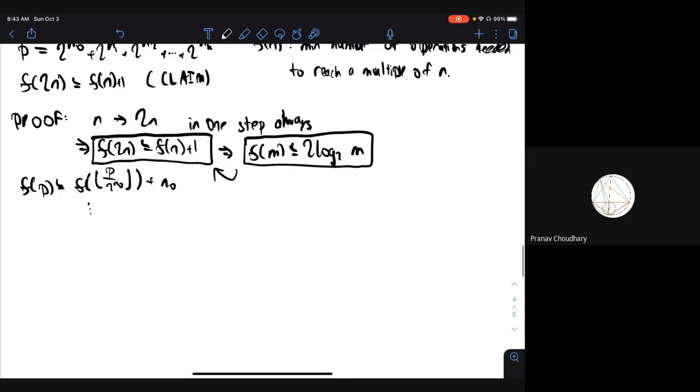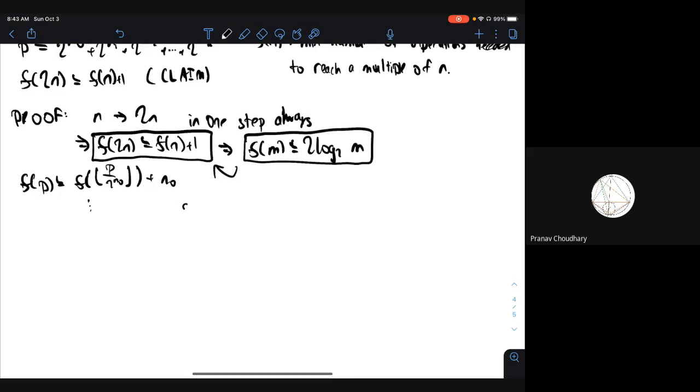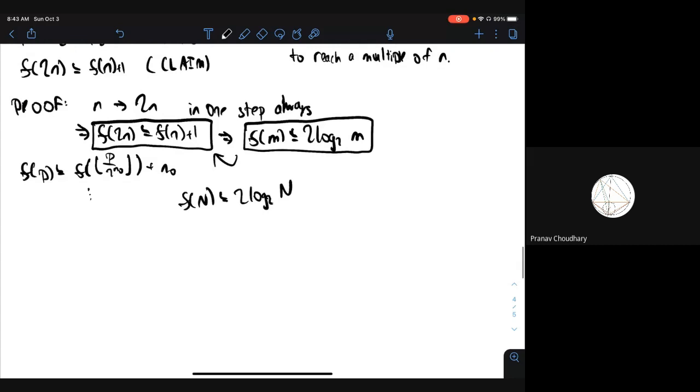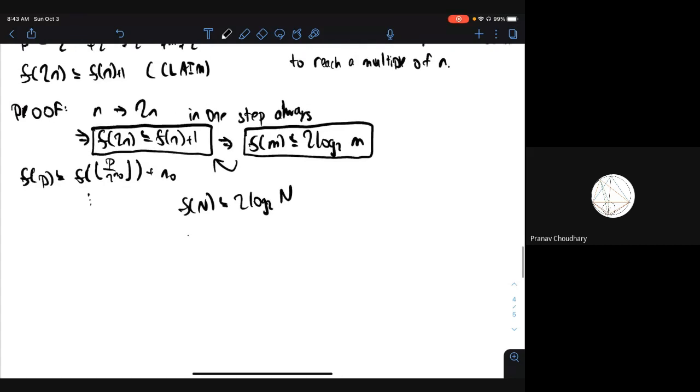Now just for n, we have f of n is less than or equal to 2 log 2 of n. And then you can estimate log 2 of n. It's approximately on the order of 10 to the 8084 or whatever.